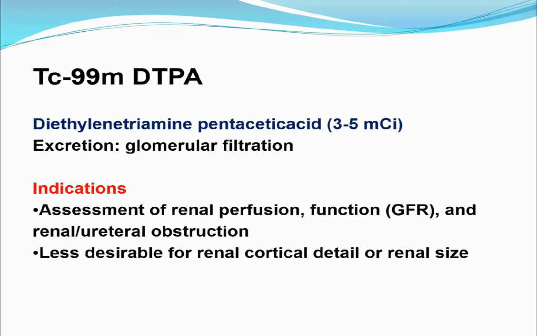Indications of this study are assessment of renal perfusion, renal function by calculation of GFR, glomerular filtration rate, and detection of renal ureteral obstruction. It is less reliable for renal cortical details or renal size.